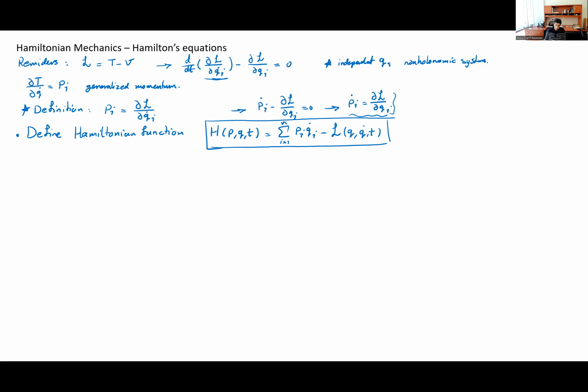Whenever we want to use it, we somehow have to convert these q dots into functions of q's and p's to be able to work with the rest of the equation. But when we have this, then we can write something called the Hamiltonian canonical equations.